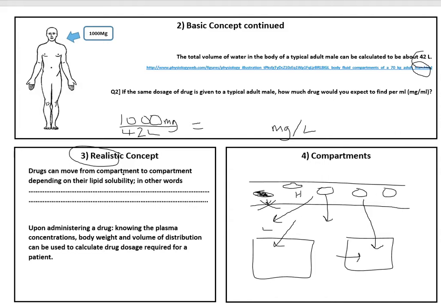So drugs can move from compartment to compartment depending on their lipid solubility, in other words, how well they can move through cell membranes or plasma membranes, essentially. Upon administering the drug, knowing the plasma concentrations, body weight, and volume of distribution can be used to calculate the drug dosage required for a particular patient. And that's where I really want to aim for by the end of this video. So let's move it on.